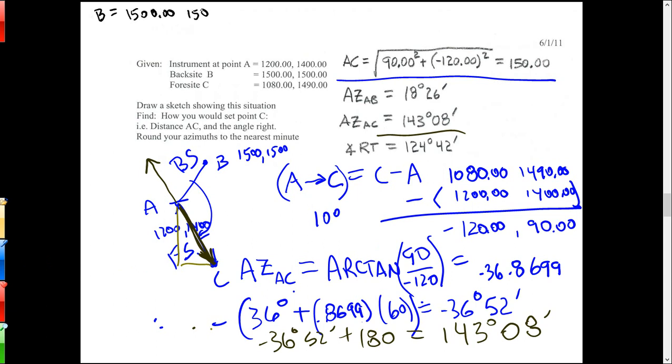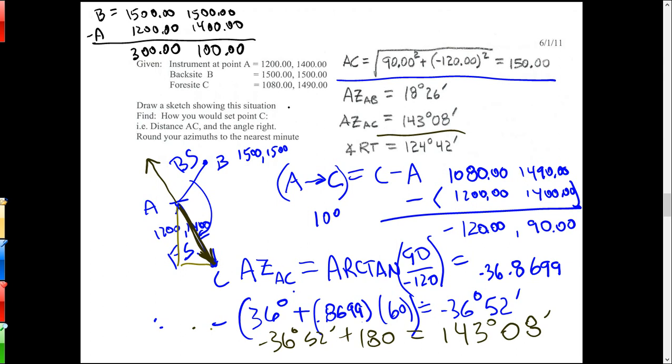Take away A. And what's A again? It's 1200, 1400. So that's 300, 100.